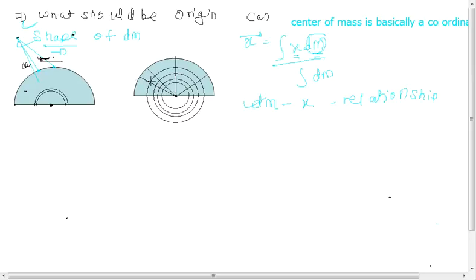So I can establish a relationship. I have a lot of points which are at the same distance. If you choose this as origin, I find a huge number of points at equal distance from this origin. For example, at this distance, this is my point.